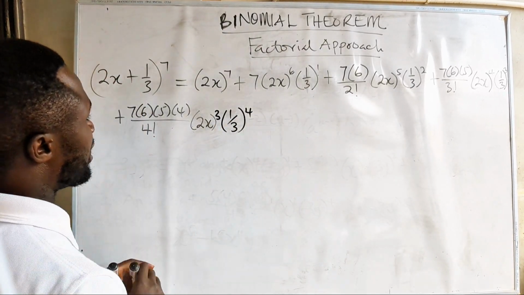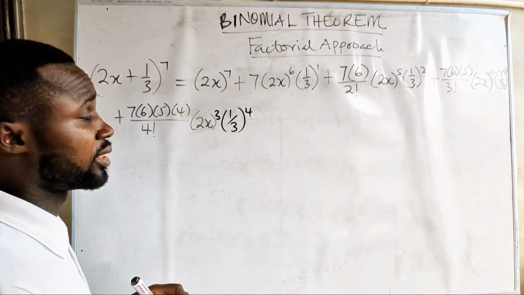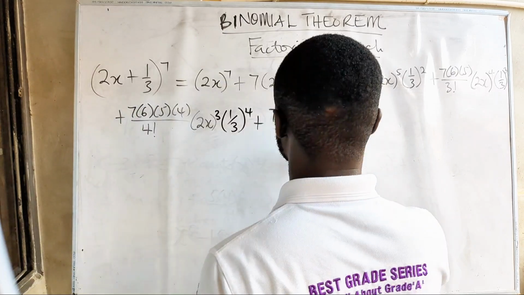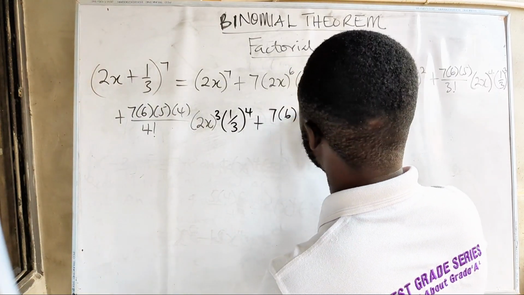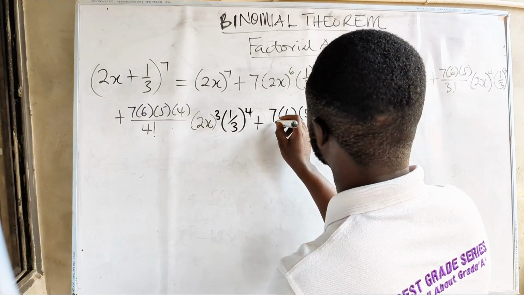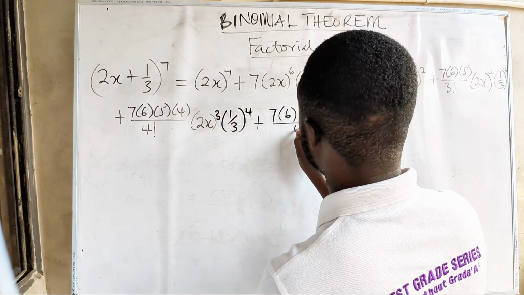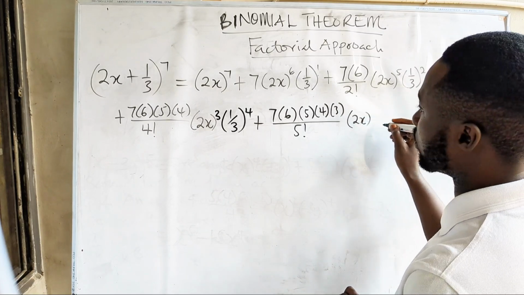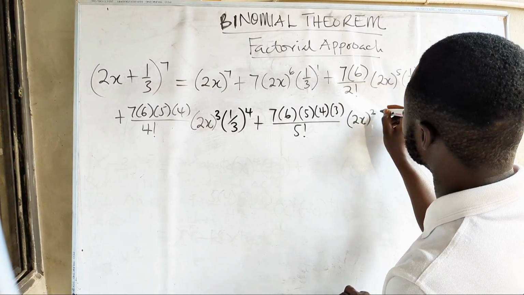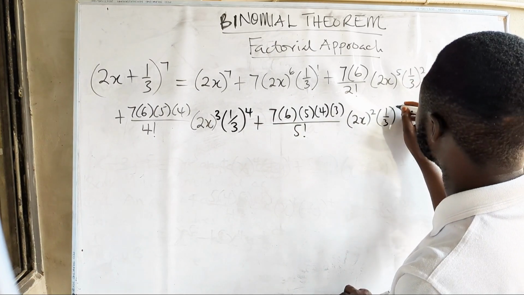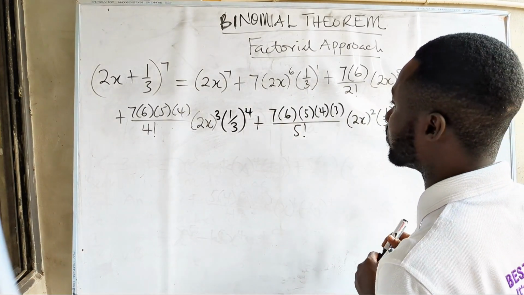Okay, so as this one is reducing, this one is also increasing, then plus 7 times 6 times 5 times 4 times 3 all over 5 factorial, 2s exponent 2, then 1 over 3 exponent 5.